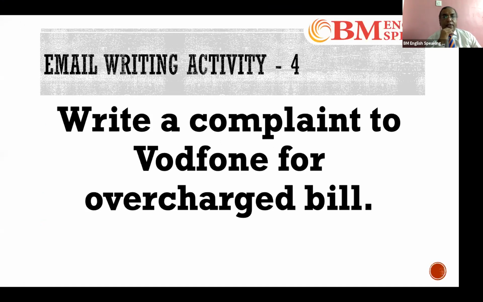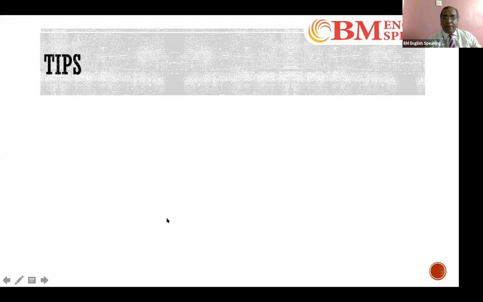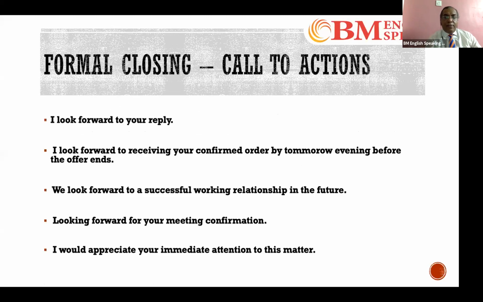Okay. Let me first tell you what I mean by a perfect email. What I taught you till now: I taught you how to write a subject. The subject should include a call to action. It should include time deadlines if possible. So what is the action you want the reader of the email to take? What I've taught you is salutation.